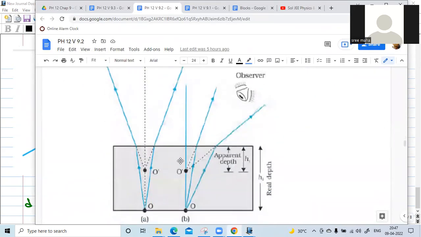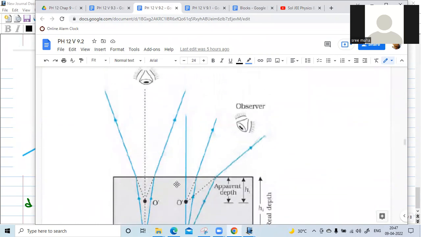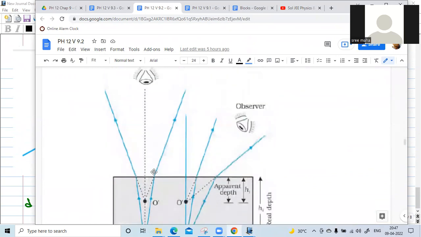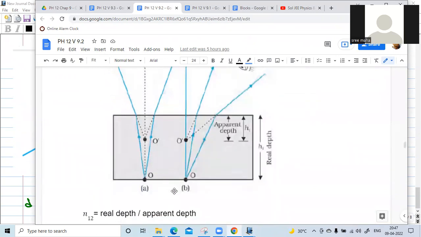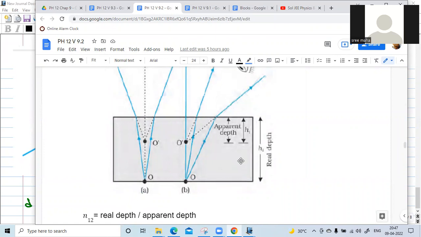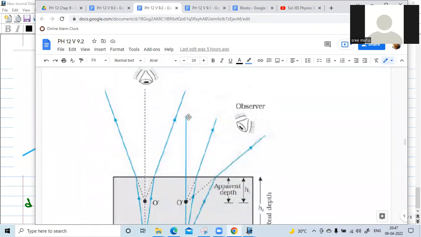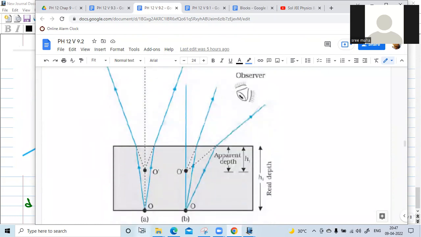So real depth versus apparent depth. That's again based on the same thing. The interesting thing here is, suppose you look directly from the top, then also it will appear as if the light is diverging from this point.